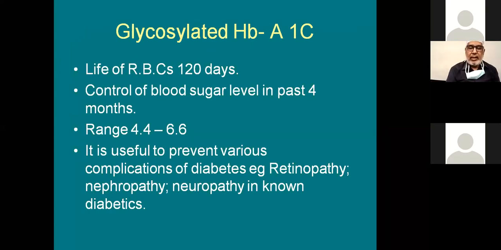HbA1c will give the control of the sugar in the past 3 to 4 months. Normally the range is between 4.4 to 6. If it is above 6, above 6.6, it's likely the blood sugar level has not been maintained properly in the past more than 3 months.